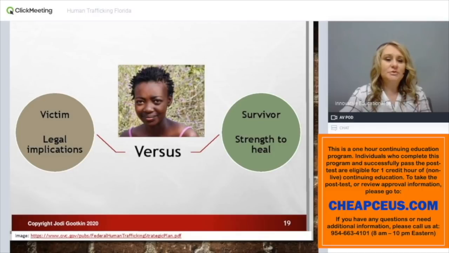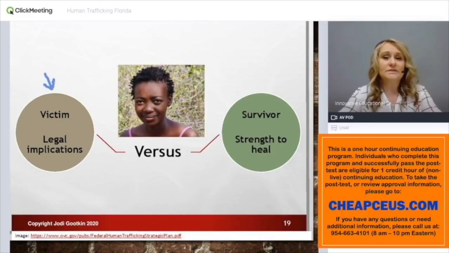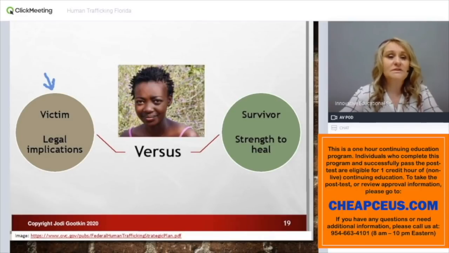As we look at the individuals, we need to take care with the terminology that we utilize. The term victim is what's utilized by the criminal justice system. It's a legal term to identify an individual who has suffered harm as the result of the criminal conduct of someone else. And these individuals are also survivors.